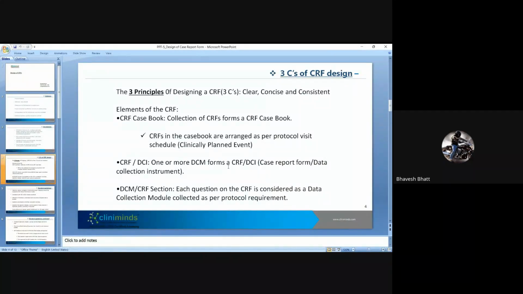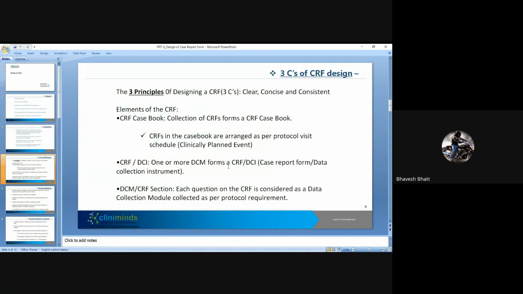Now there is a definite question around this, be it in terms of the assessments or the interviews. How would you define a CRF casebook? A CRF casebook is nothing else but the combination of all required CRFs across all visits for one particular patient in the study.